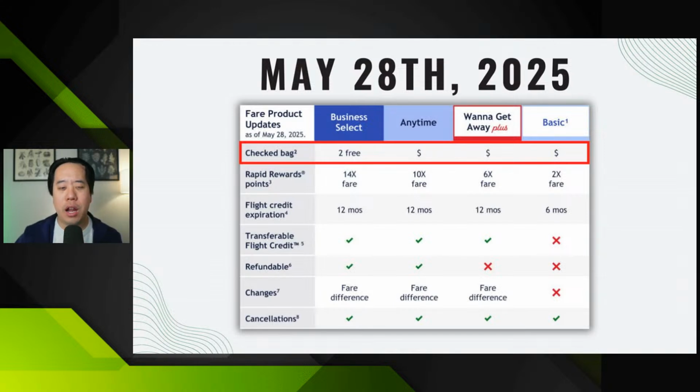You can see that underneath check bags, they're changing the Rapid Rewards points too. Wanna Get Away used to be 6x. Now Wanna Get Away Plus is 6x, but basic is 2x. So basically they're shunting you towards Wanna Get Away Plus, which is unfortunate too.